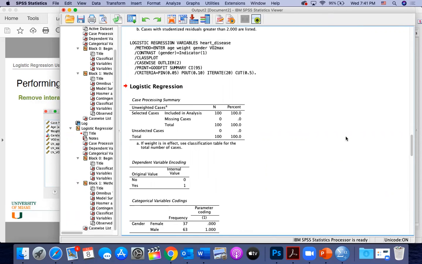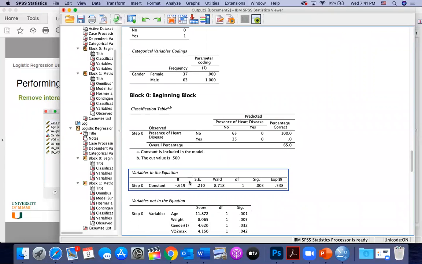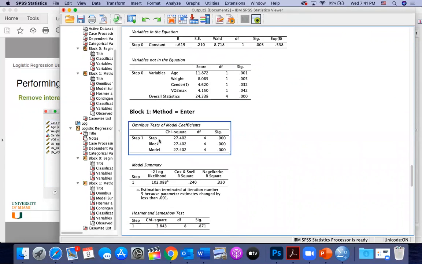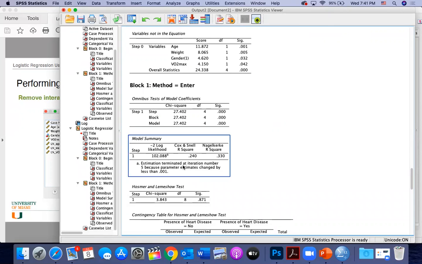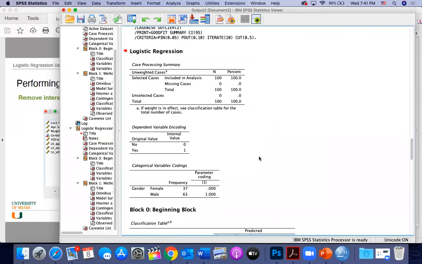In the output, you can see that you have 3 parts. This is the first part, Block 0 is the second part, and Block 1 is the third part. I will look at each part and say the needed information if you want to report your results in the results section if you are performing such an analysis in your study.